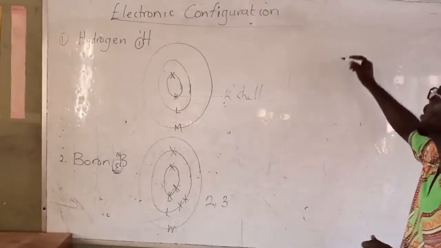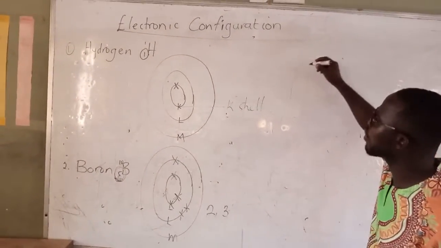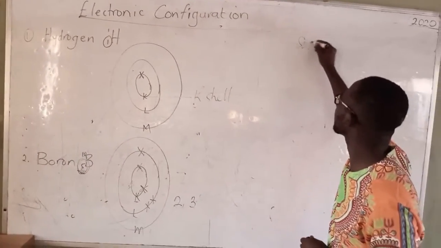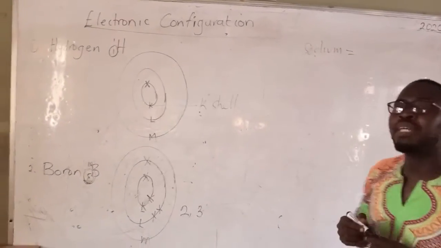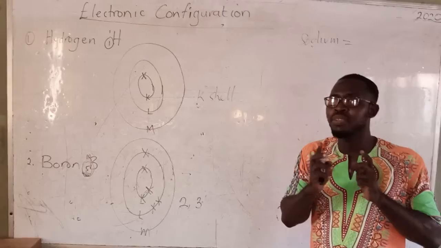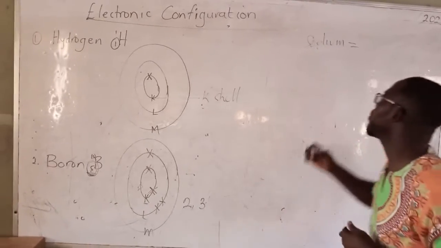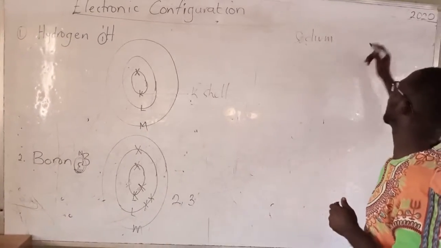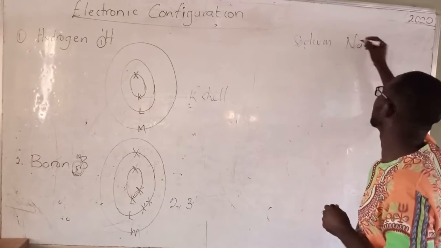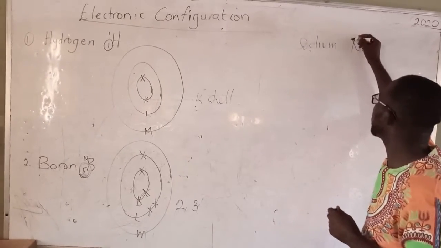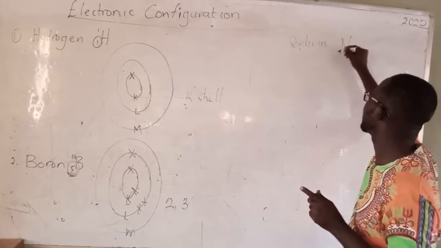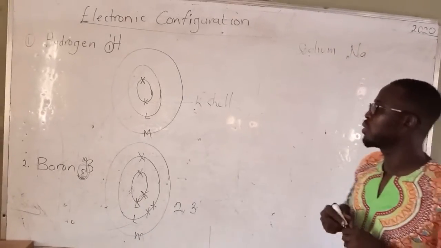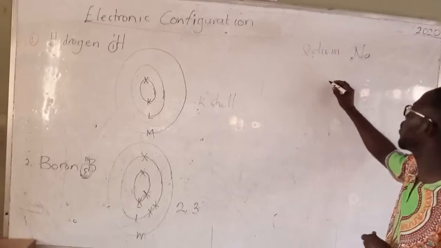Let's look at our next atom, which is sodium. And remember, sodium has how many? Do you remember? Sodium has 11. Neon is 10, right? Do you remember? Okay, so quickly let's go.